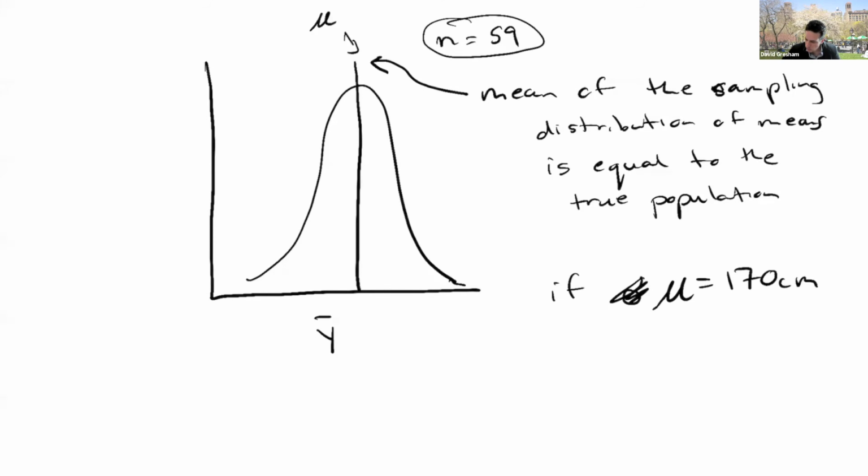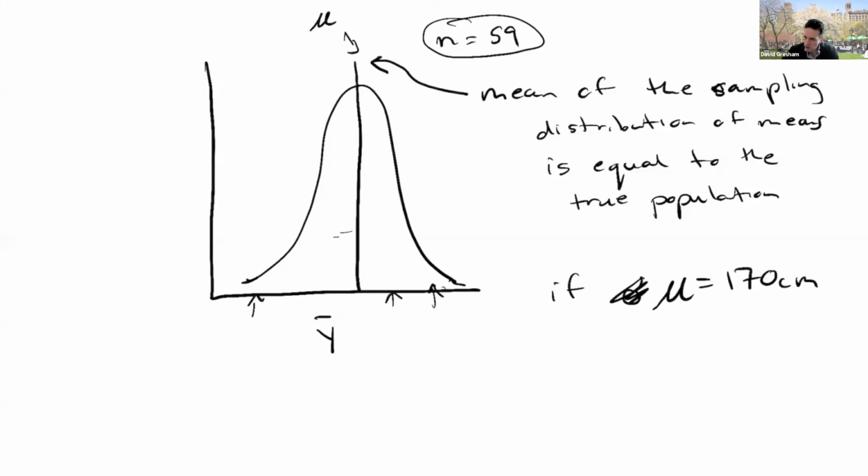But we also now understand we could get a result out here, or a result out here, or a result here. All of these are possibilities, and they're going to occur with a probability that's defined by this sampling distribution. Okay. This is something I'm going to tell you now, and maybe by the end of the course it's going to make sense.